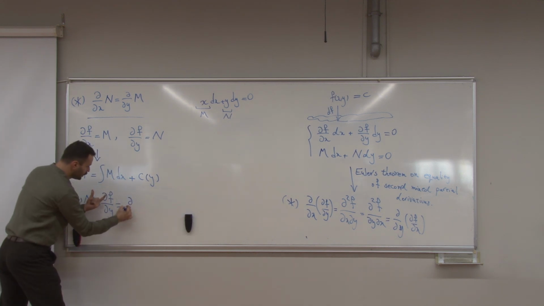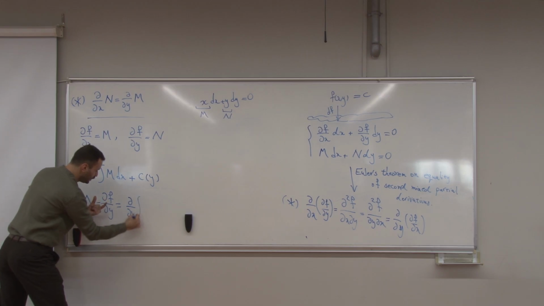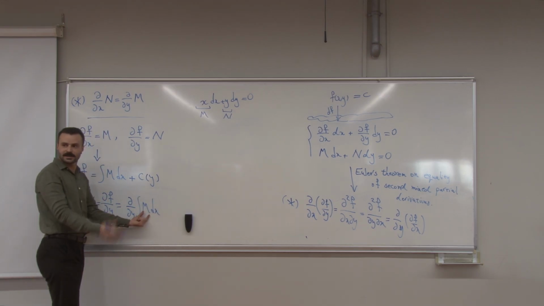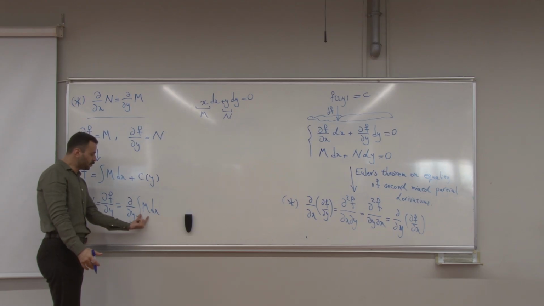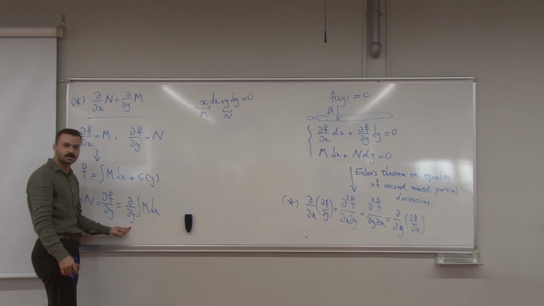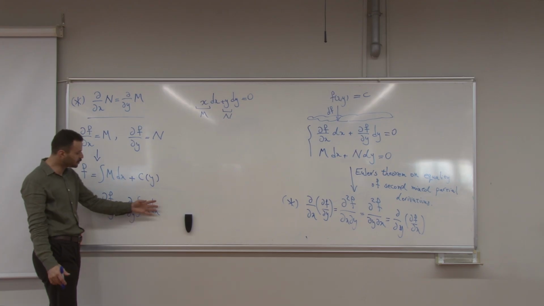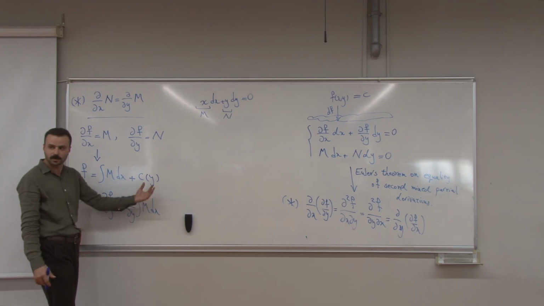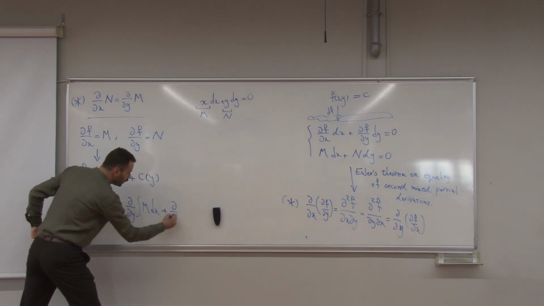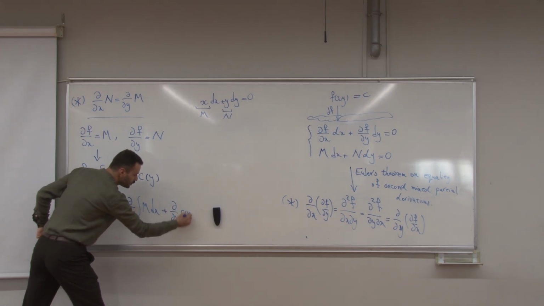What about this hand side? This is the partial derivative of this integral, because M is a function of x and y, and this expression may have some x and y included in it, and we can take the partial derivative with respect to y. And if it does not have any y's, this is just going to be 0. But anyhow, what about this partial derivative of this c(y)?